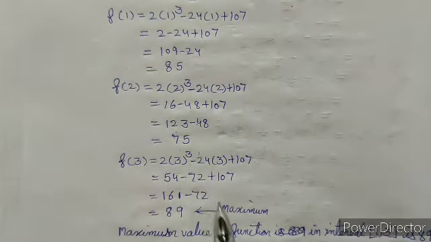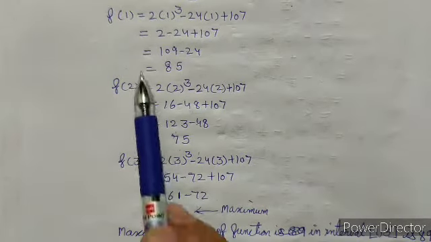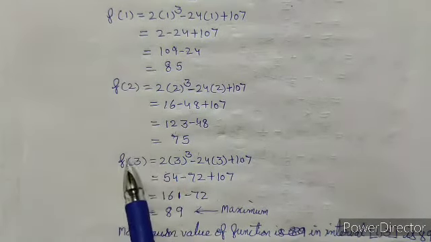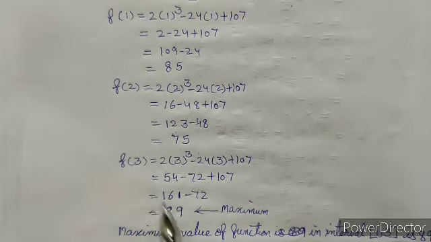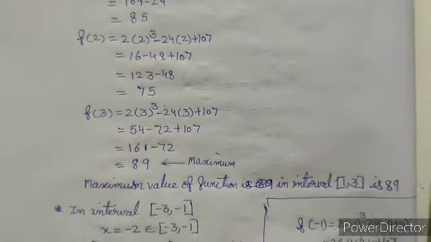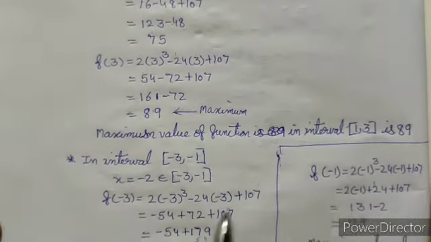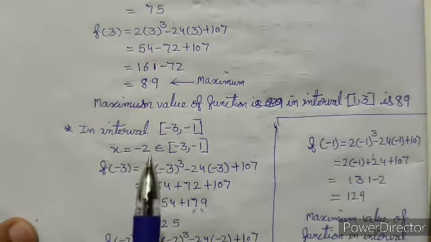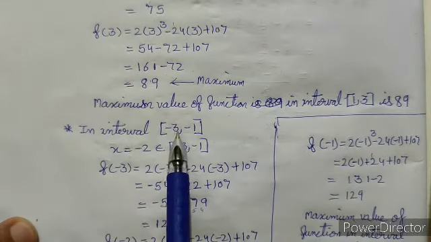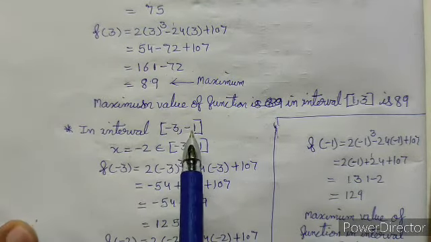As we see here, the maximum value of the function f is at x equal to 3, and that is 89. So we can say that the maximum value in the interval 1 to 3 is 89. Now we have to find the maximum value of the function in the interval minus 3 to minus 1.